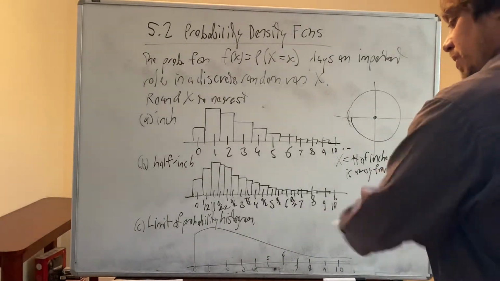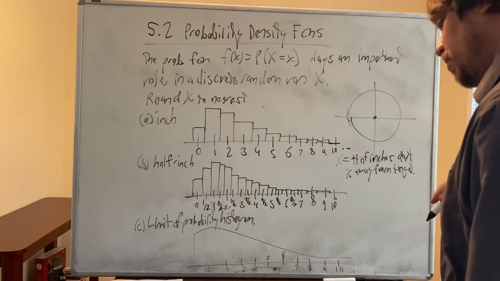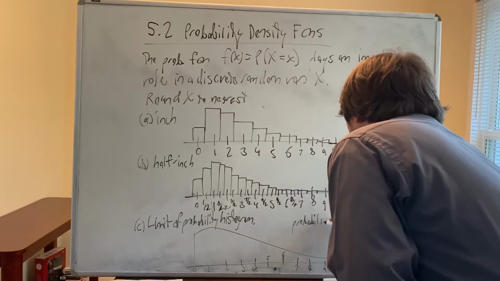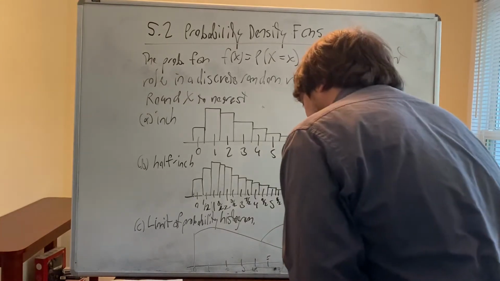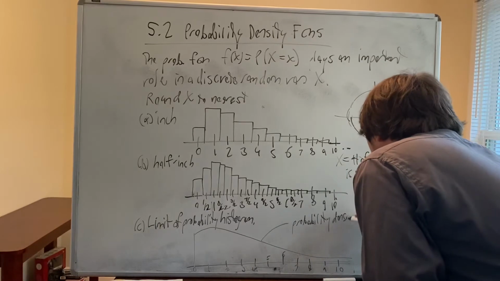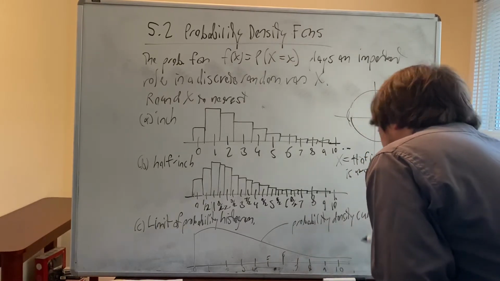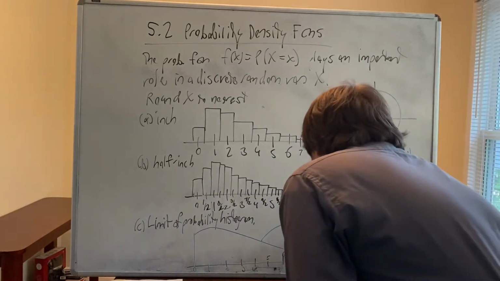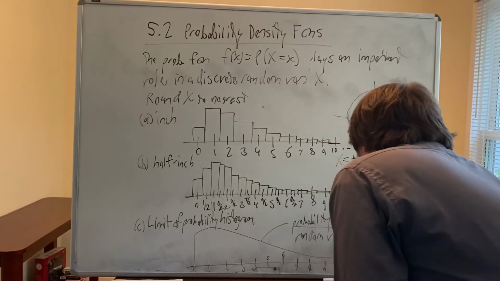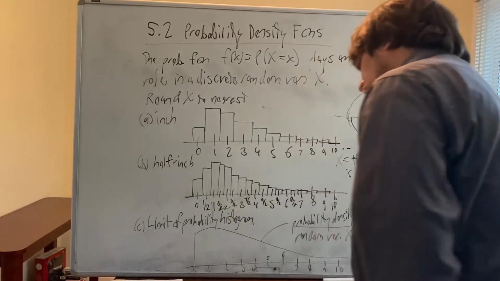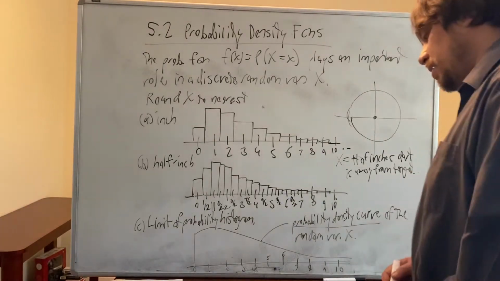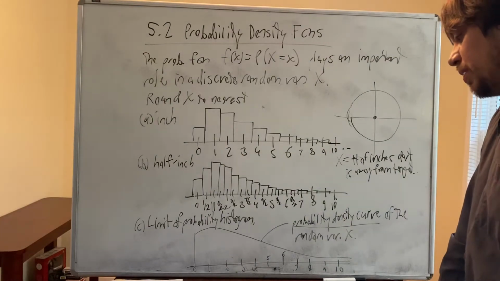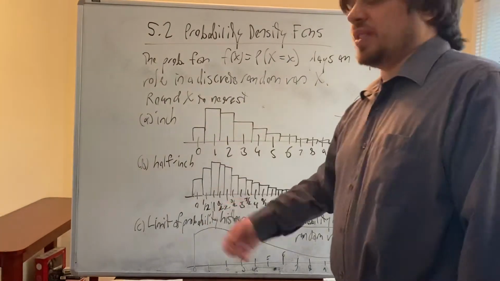And this curve is called the probability density curve of the random variable X. It's the limit of the histograms corresponding to the corresponding discrete random variables. So it's the limit of these histograms.